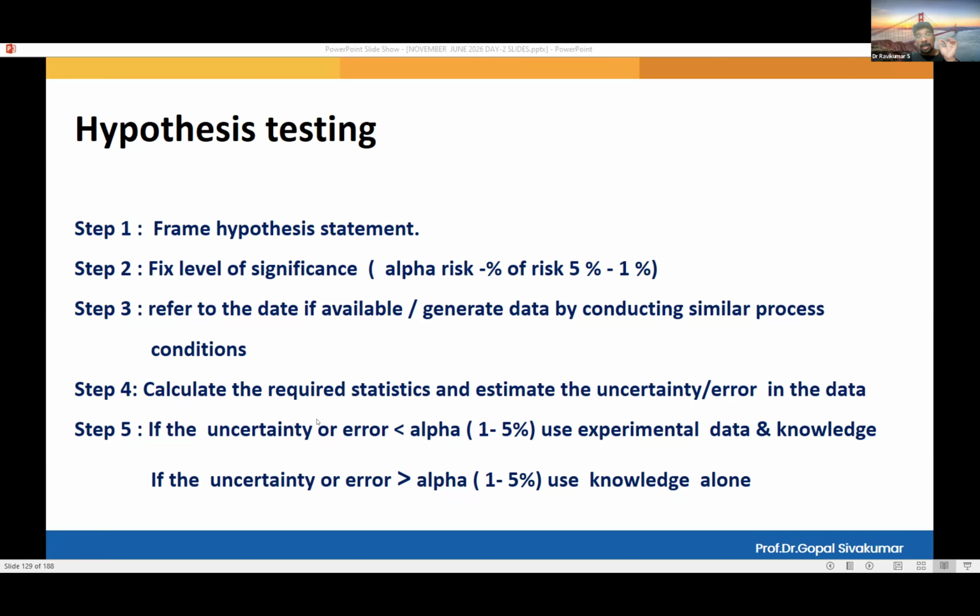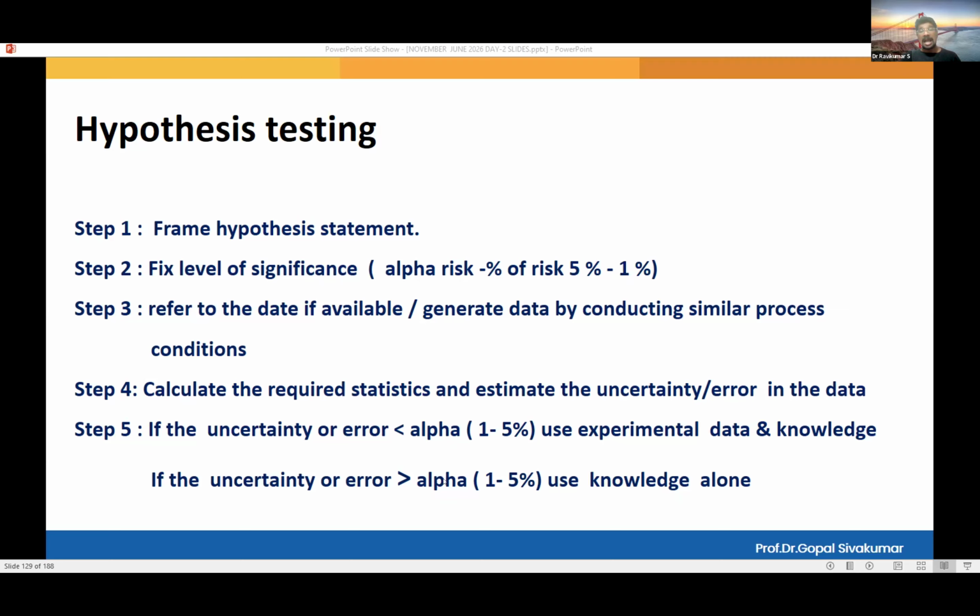So if the alpha which you have calculated is less than the one which you have fixed, use the data and your process knowledge to confirm that this is the root cause.